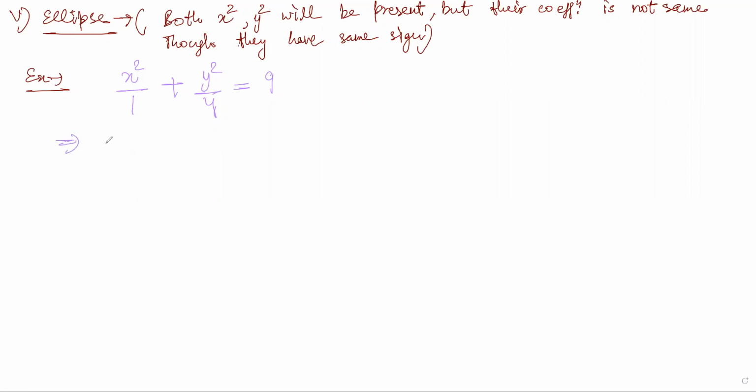So we can check that both x square and y square are present. Right? Both x square and y square are present, but the coefficient is not same.